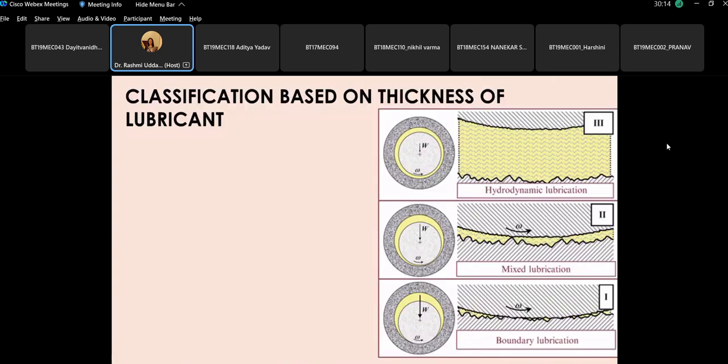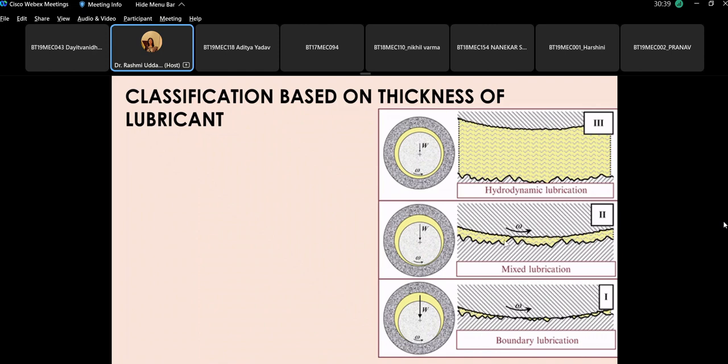Well, the next classification is based on the thickness of the oil or the lubricant. You can see that the first one is hydrodynamic lubrication, wherein you can see a uniform thickness of oil between the journal and the bearing. The third one is the extreme case where the journal is in contact with the bearing.